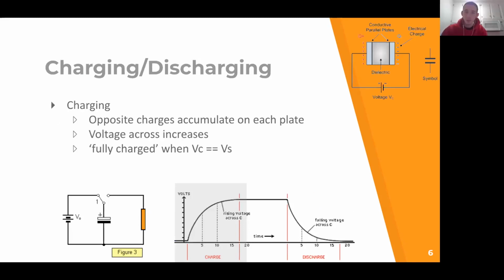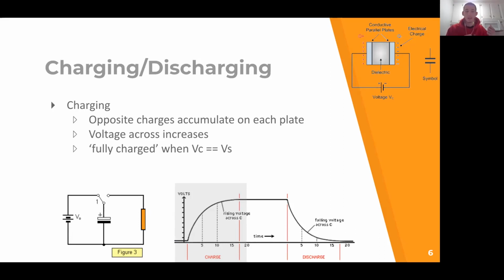A lot of times when you think about capacitors, you think of them as either charging or discharging. Opposite charges accumulate on each of the plates, so one side will be positive and one side negative. As this charge accumulates, the voltage across them increases. When the capacitor is fully charged, the voltage across the capacitor is equal to whatever source is being applied.